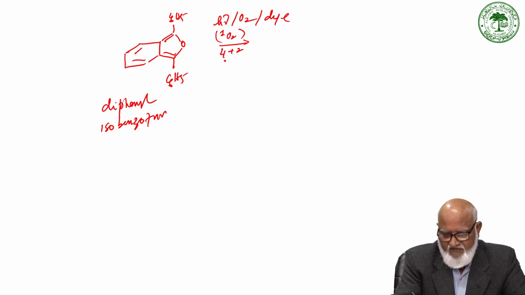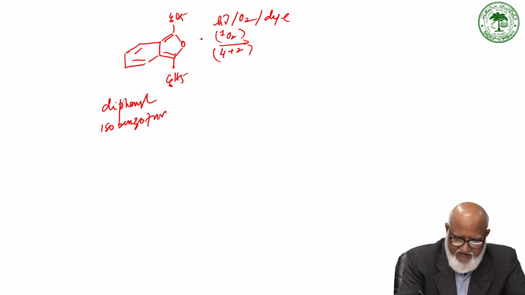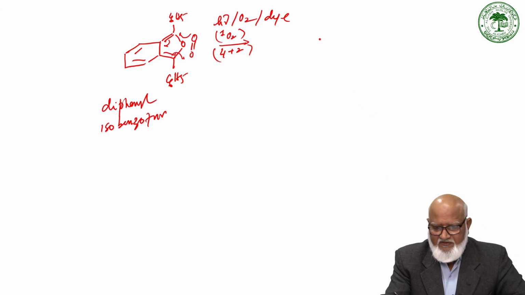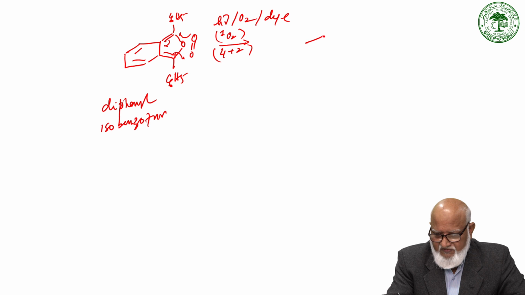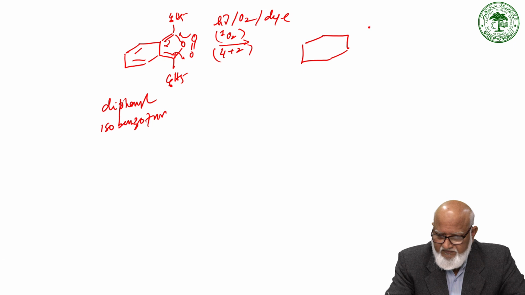It adds in a 4+2 addition like this, so the product looks like this. 1, 2, 3, 4, 5, 6 member ring.